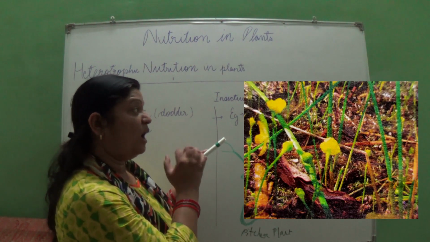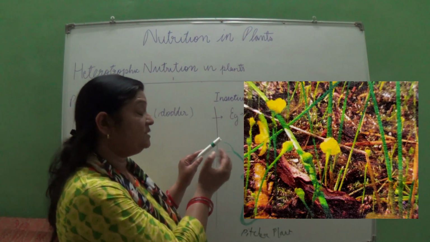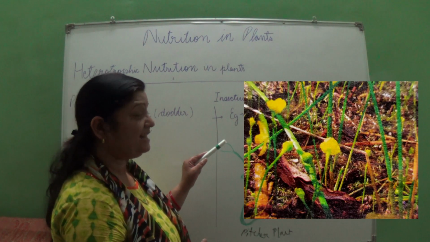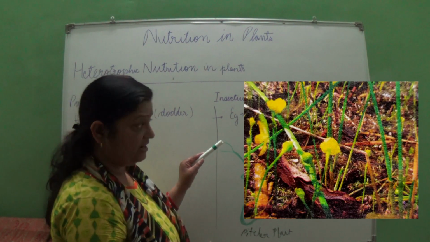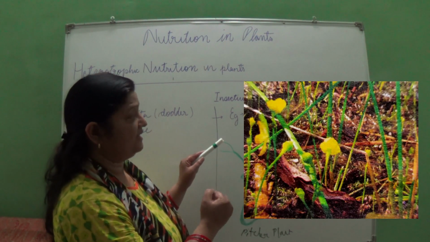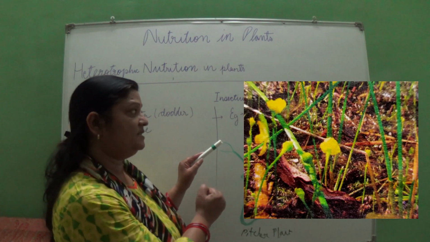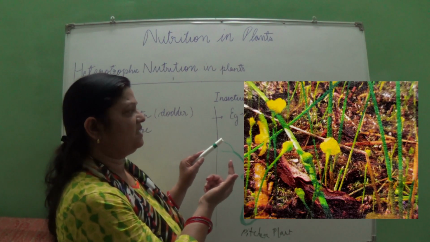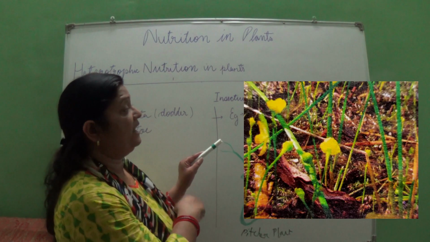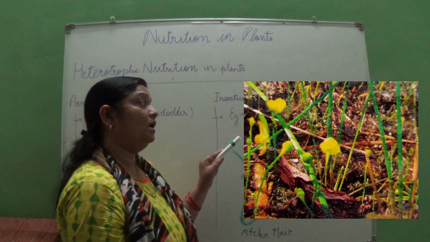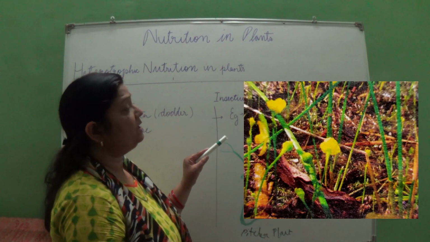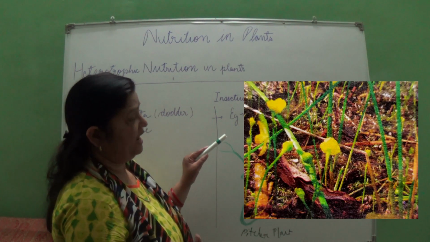It gets trapped. How does it get trapped? Why do the insects come near it? Because it has some special scent and it is very colorful, and as a result the insects get attracted towards it, enter these small bladder-like structures through the doors, get trapped, and as a result this bladderwort attains its nutrition of nitrogen from that insect.